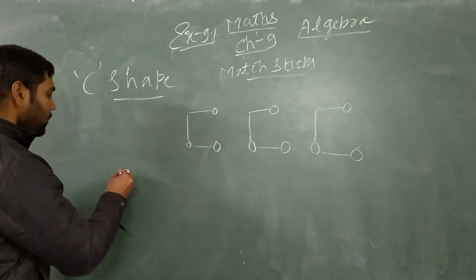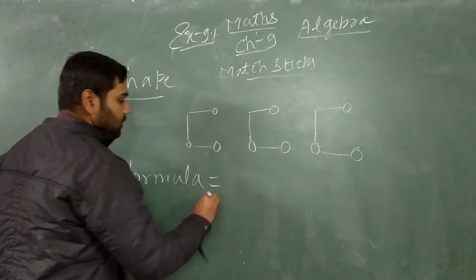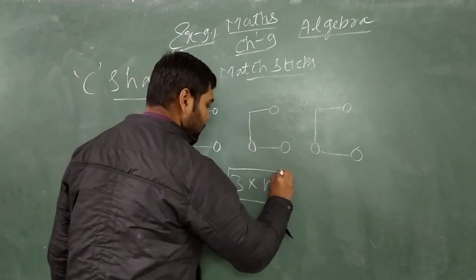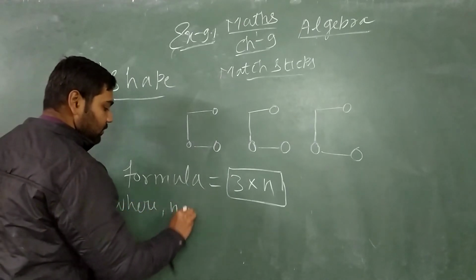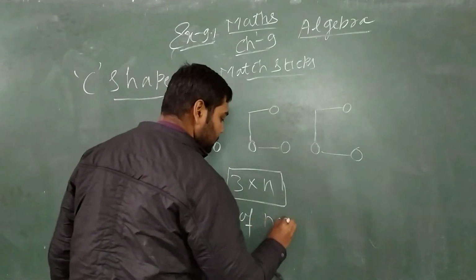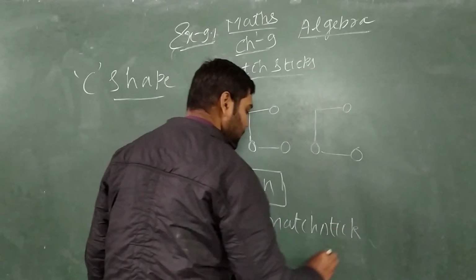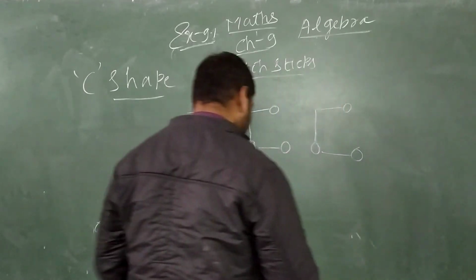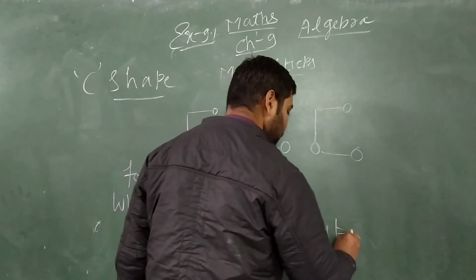So what is the formula? The formula is 3 into n, where n is the number of C shapes.